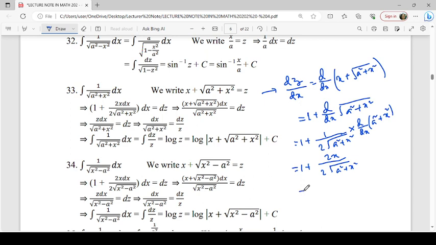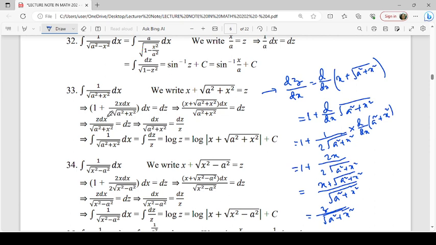Then 2 goes. Now we simplify this: the denominator is root over a square plus x square, and the numerator is x plus root over a square plus x square. So this we write as z. Ultimately what we get is z by root over a square plus x square. So dz dx is z by root over a square plus x square.